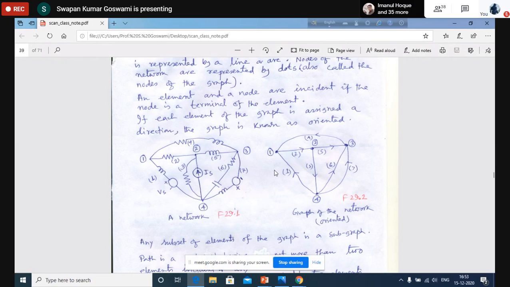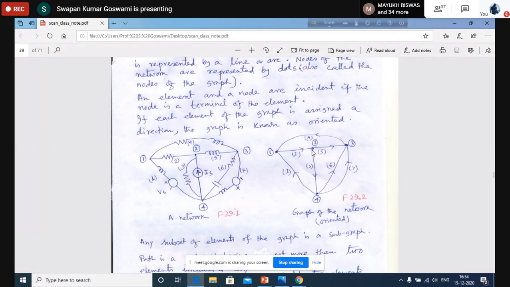So actually, you see that the voltage across element 1 is V4 minus V1. V4 is the reference. With respect to the reference, that means with respect to node 4, what is the potential of node 4? It is 0. So 0 minus V1. That's why minus V1 is the voltage across element 1.